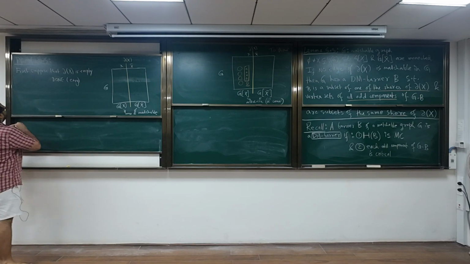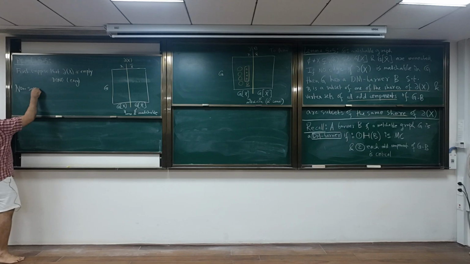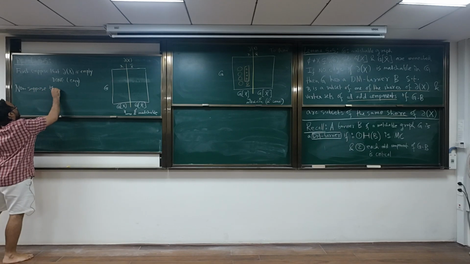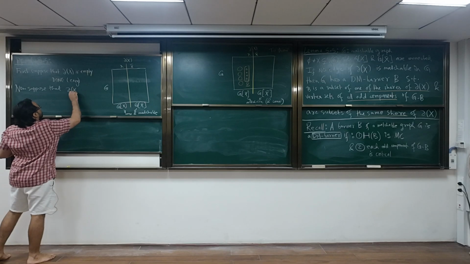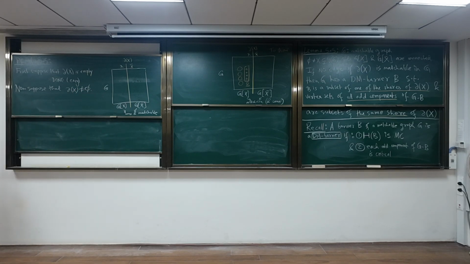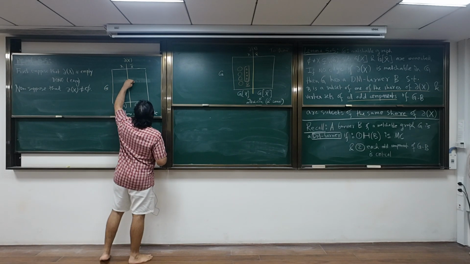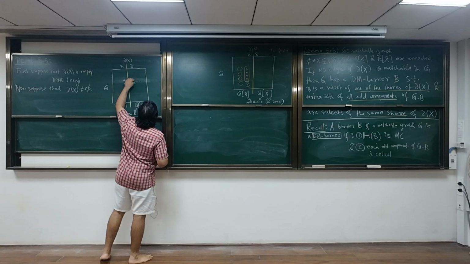Okay, so now let's consider the interesting case. Now suppose that partial x is not empty. That means there is an edge in the cut. Let's draw one edge, u, v.